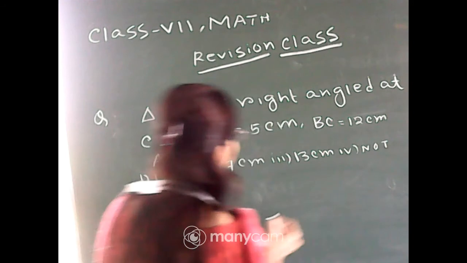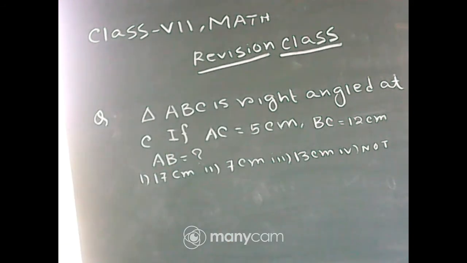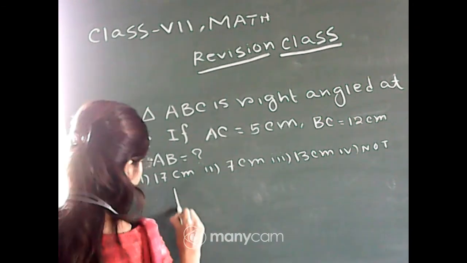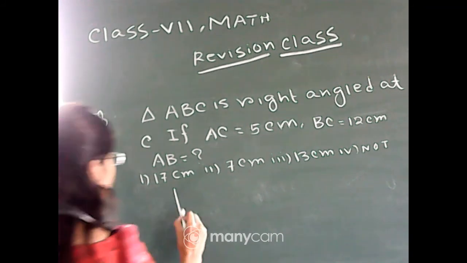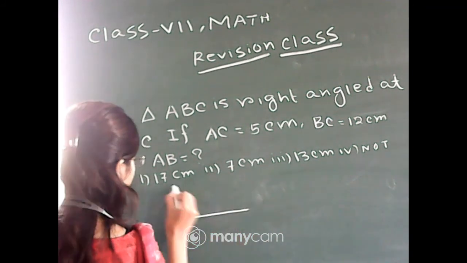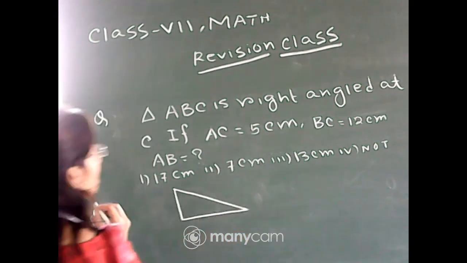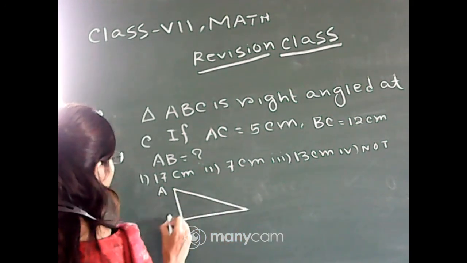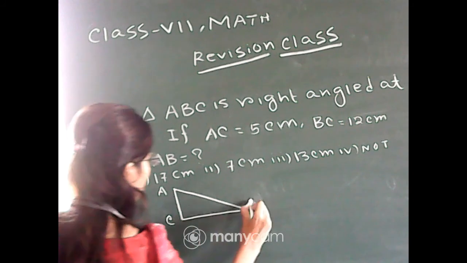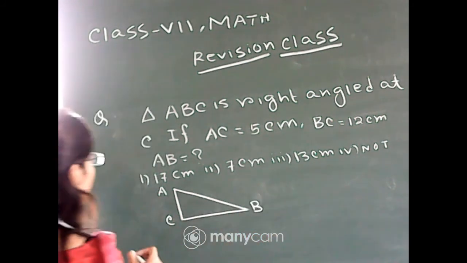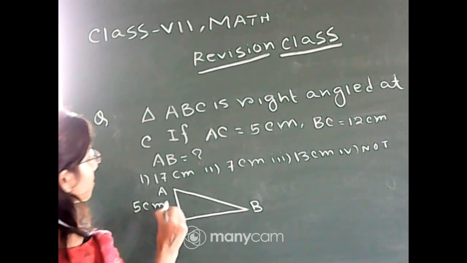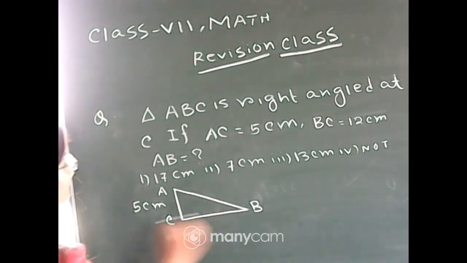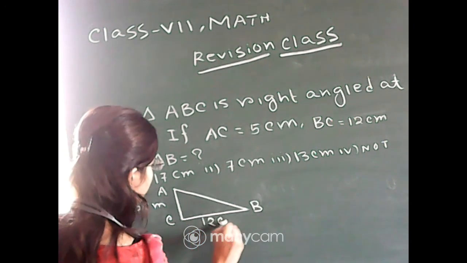First we draw the right angle triangle ABC, which is right angled at C. Here AC is equal to 5 cm and BC is equal to 12 cm.